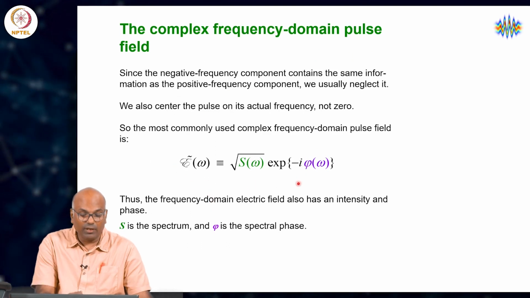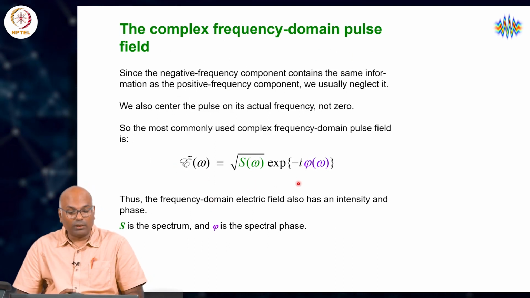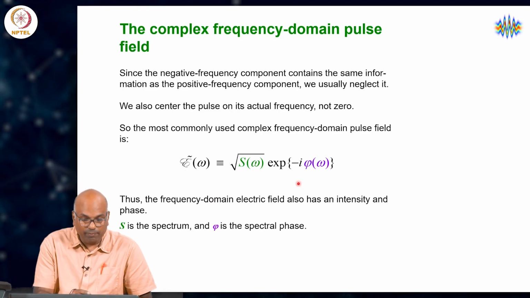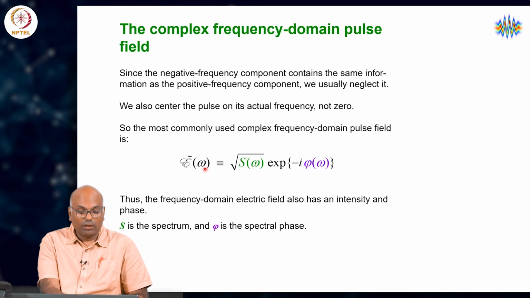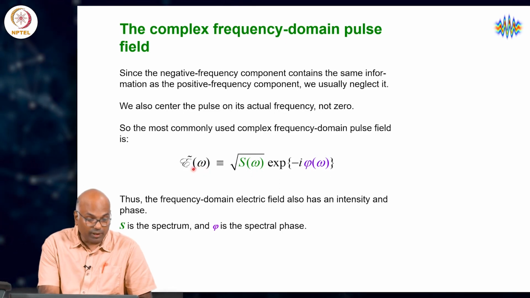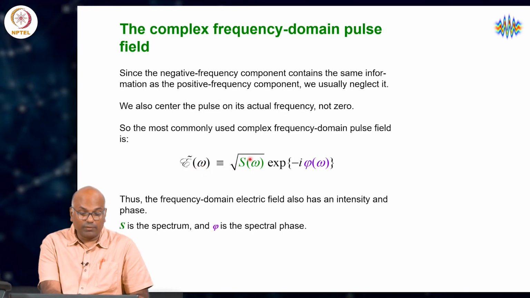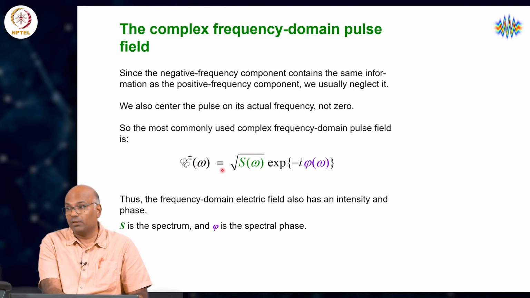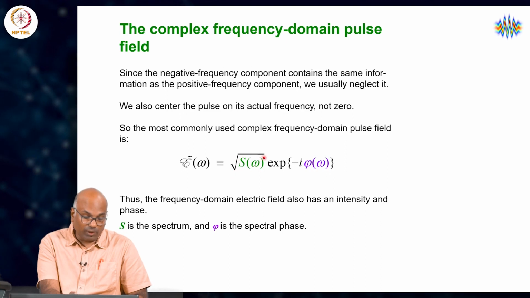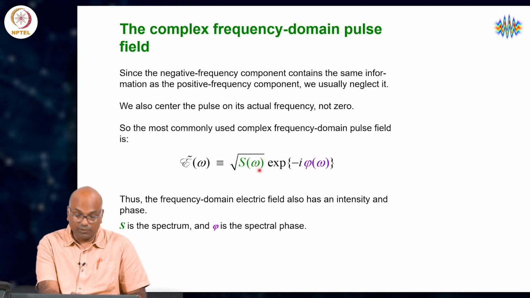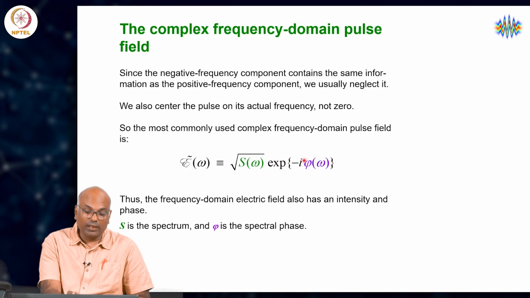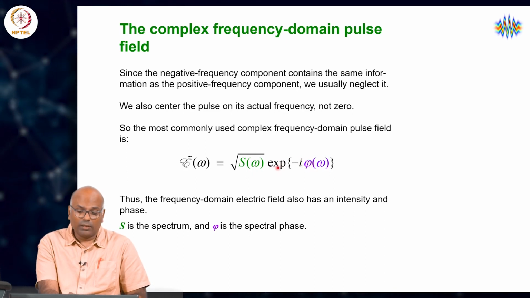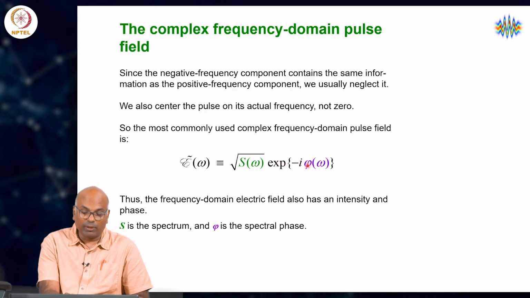So, we can analogously build a complex frequency domain pulse field of the following type: E tilde of omega, where we have square root of S of omega playing the role of the spectral real amplitude, or I would like to call this the spectral envelope of the field, and the spectral phase being written here as e to the minus i phi of omega minus omega naught.